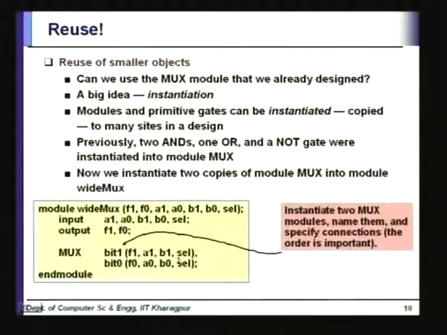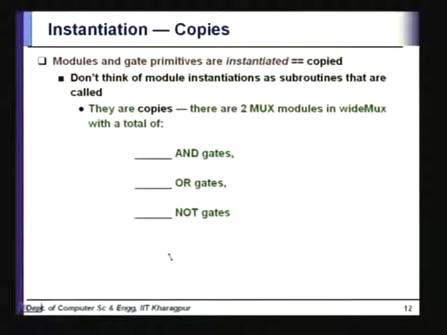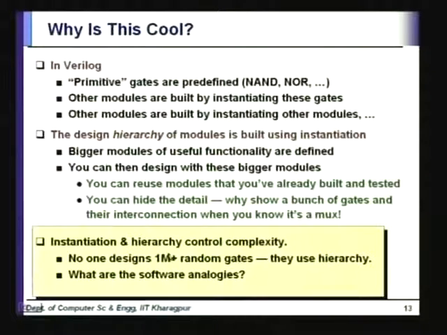If you had flattened out its inner implementation, that would have cluttered up the code. It is the same advantage as using procedures in programming languages. No one designs 1,000,000 plus random gates, they always use hierarchy, and we have talked about the software analogies, so please think about that.